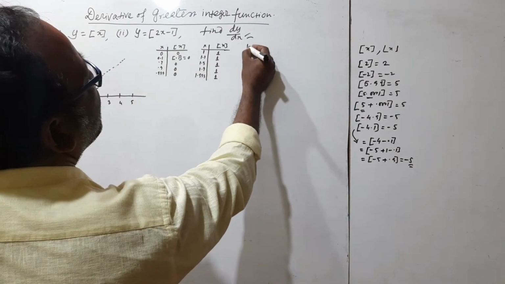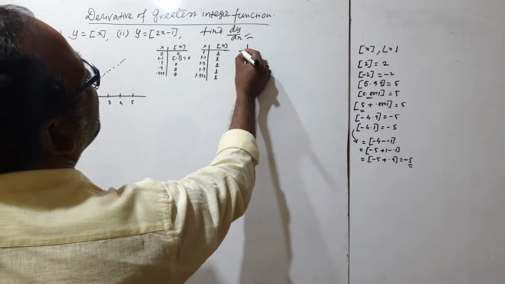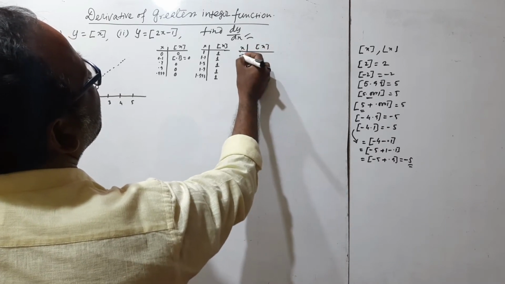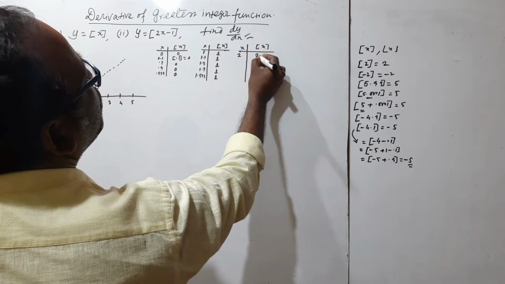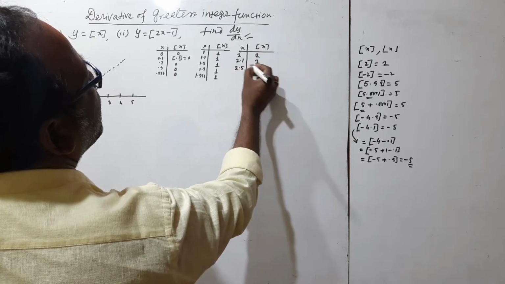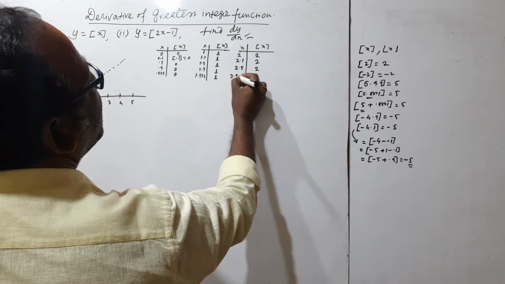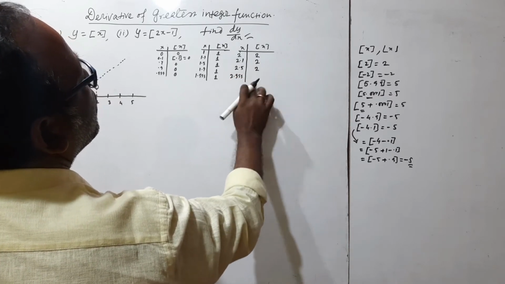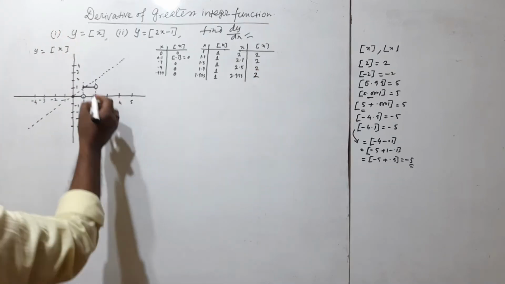Again, if we take x and box x, for 2 we get 2. For 2.1, again 2. For 2.5, again 2. For 2.999 something, we get 2.